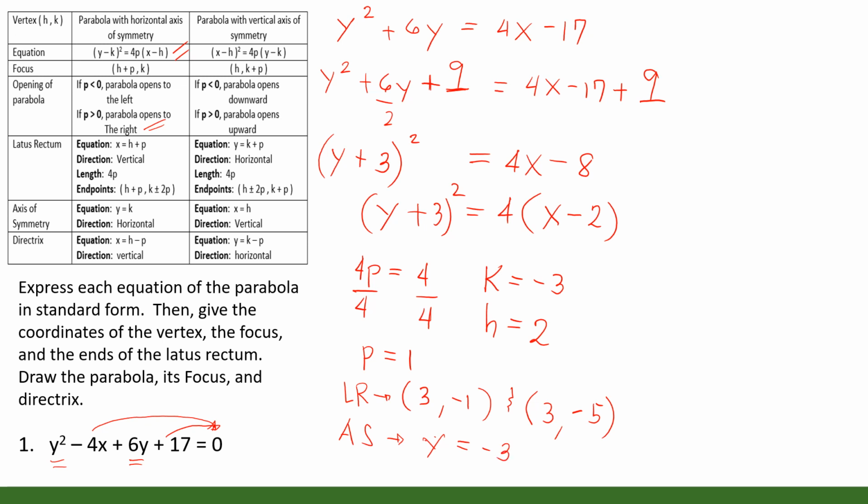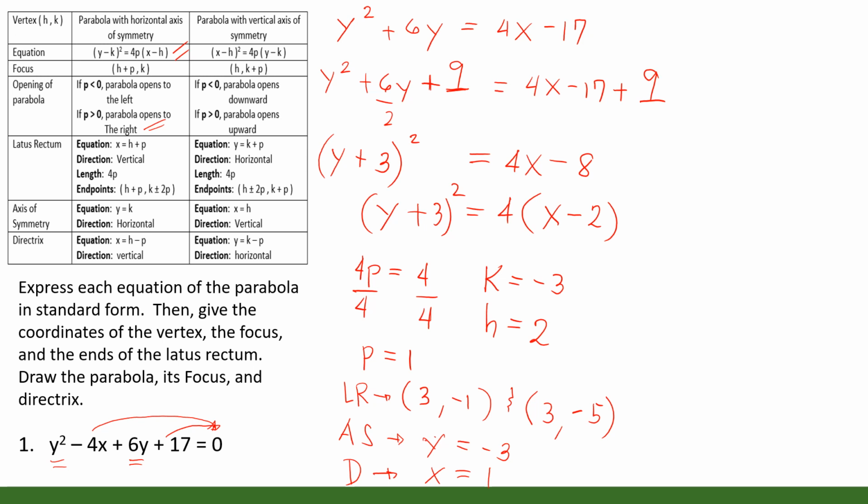Kasi sabi nga natin, nag-translate na tayo from the origin to a point, h, k. And for the directrix, we have x equals h minus p. So what is h? 2. And then minus p, 2 minus 1 is 1. So our directrix x equals 1.